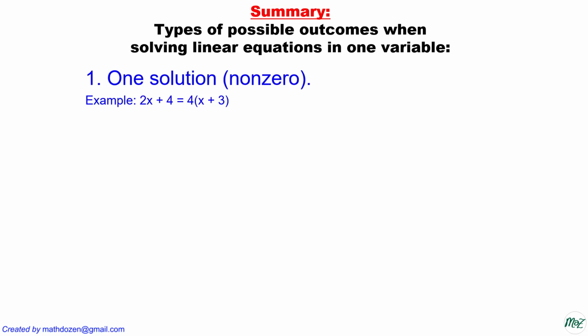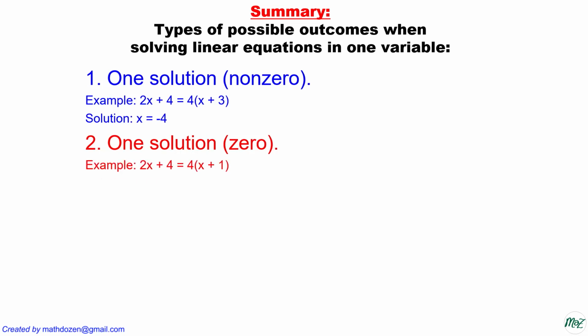And here is an example with the solution -4. You can also get one solution that's actually 0. We just saw that example, and here is an example in addition to what we saw before, an x that does not disappear, it stays in the equation, and the answer is x equals 0. Perfectly nice number, and that will be the solution.